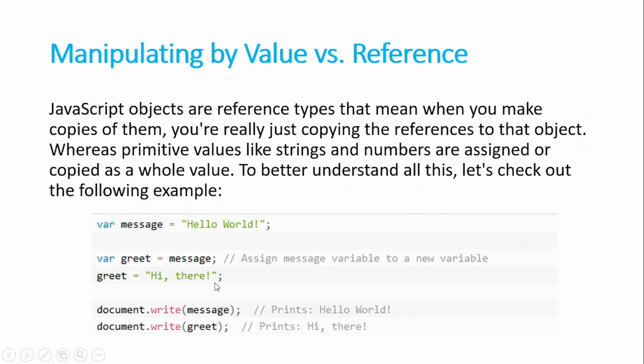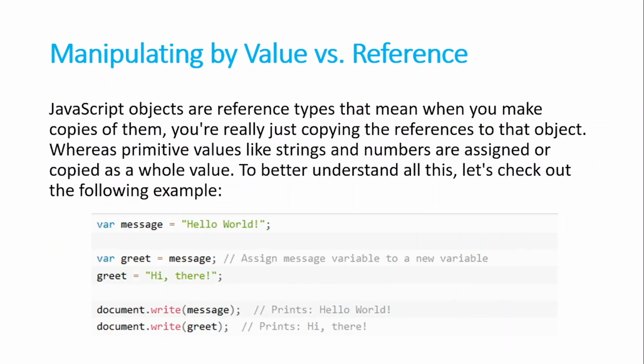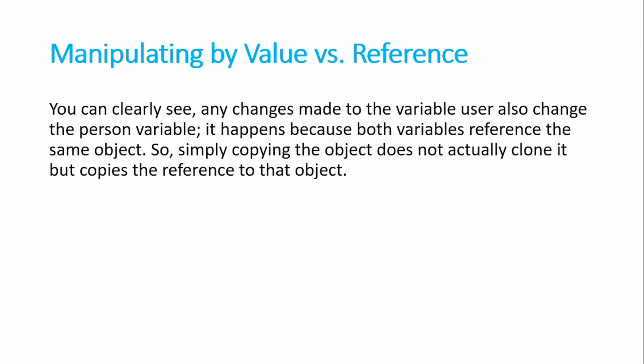But when we use normal primitive data types like strings or numbers, if we change one of them, the other will not be affected. They are copying the value, whereas objects share the same reference, the same address of the same object. That's why this is manipulation by reference. You have to remember this when you're working with objects.